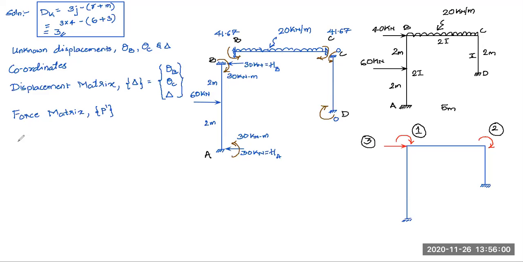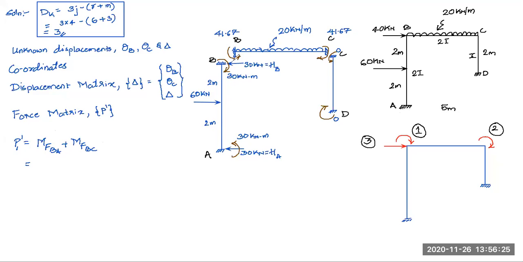Now what I'll do is I'll go for finding what is my P1 dash first. P1 dash will be equal to, here at joint B, where my first coordinate is there. First coordinate corresponds to rotation. So I'll be finding the total moment at joint B. It will be equal to MFBA plus MFBC.